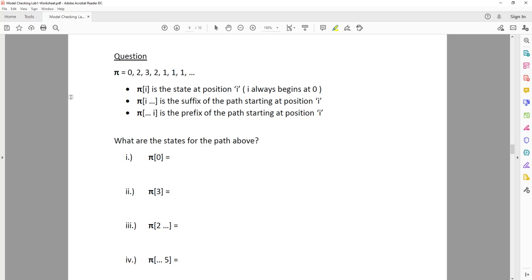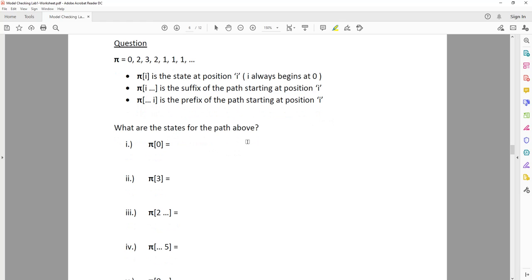If we have our path, or pi, i dot dot dot notation, that means it's the suffix of the path starting at position i. And if we have our path, dot dot dot i, that means it's the prefix of the path up to position i. So this is just some notation. So I have to say what are the states for the path above.